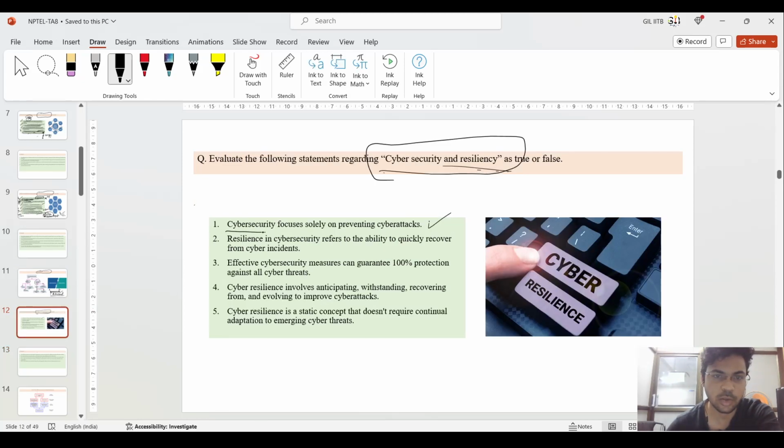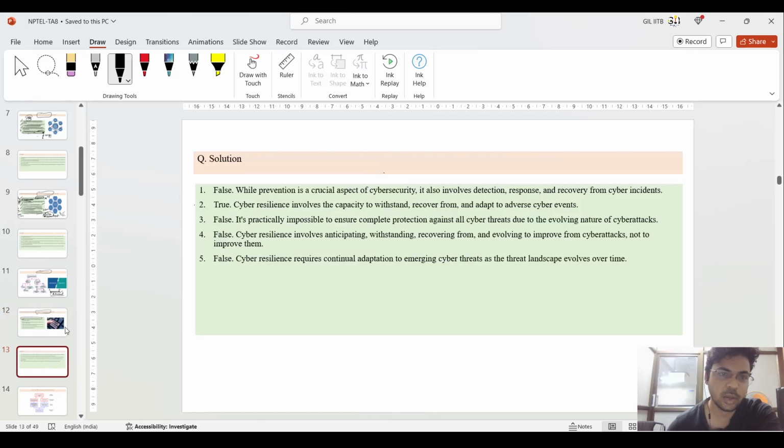If you see these statements, the first statement is saying: cybersecurity focuses solely on preventing cyber attacks. This statement is vague, because while prevention is a crucial aspect of cybersecurity, it also involves detection, response, and recovery from severe cyber incidents. So this statement is not correct.